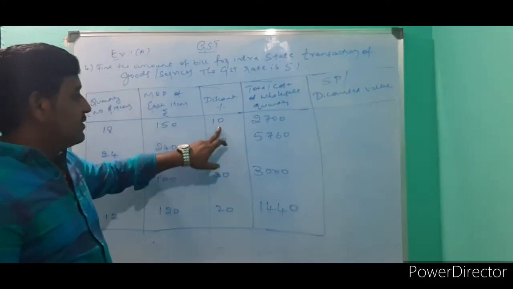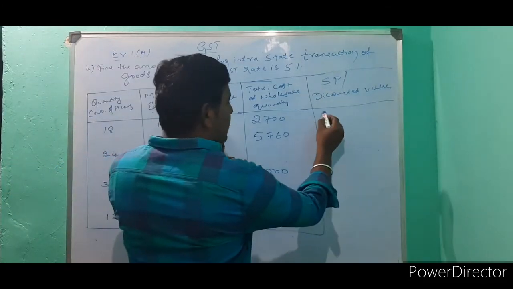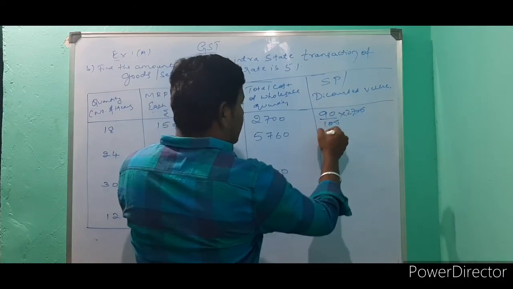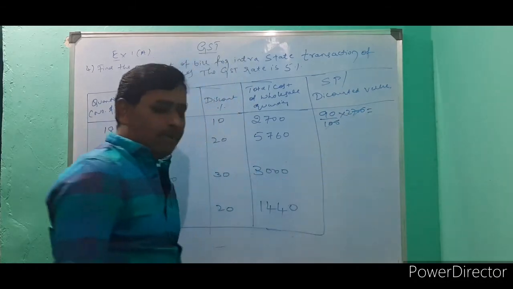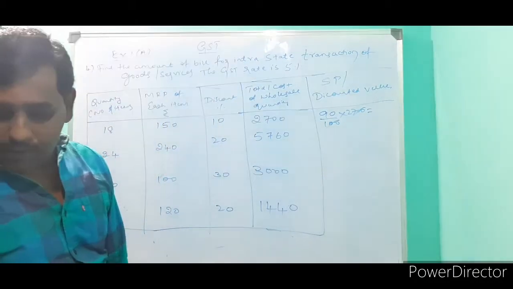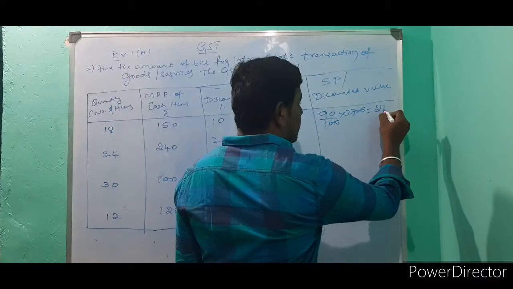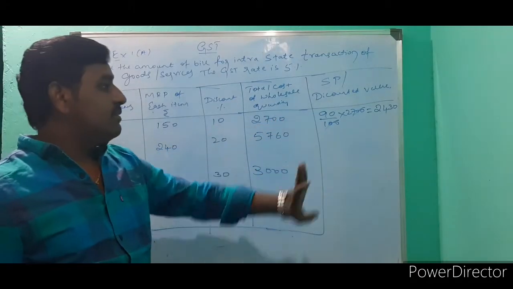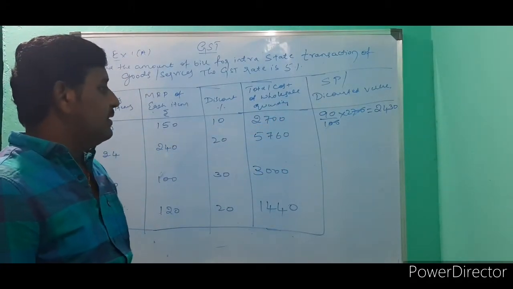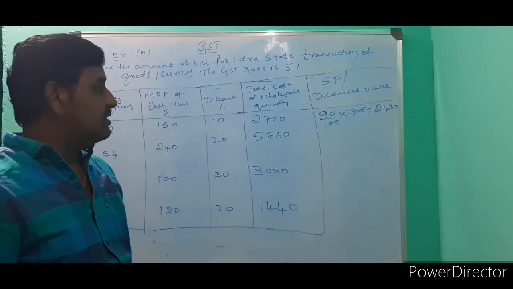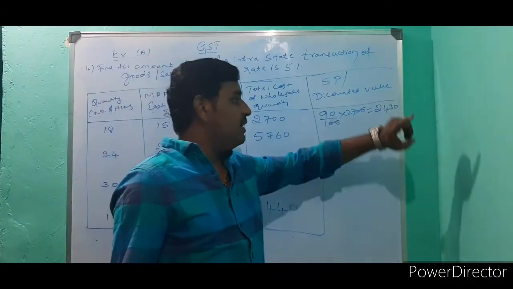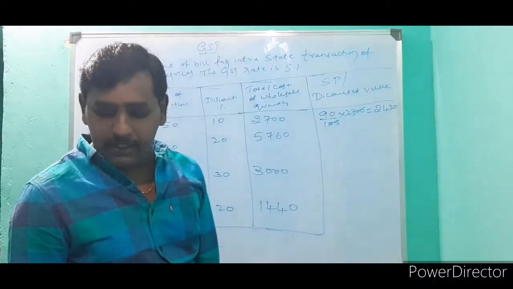Here discount is 10%, means 90 divided by 100 into 2700. The zeros get cancelled. If you multiply 90 into 27, you will get 2430. The total cost is 2700, so after discount we are selling at 2430.